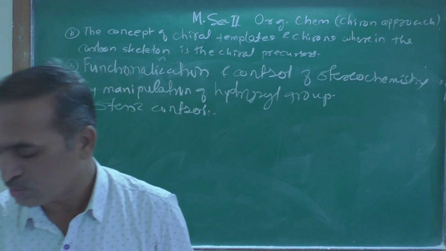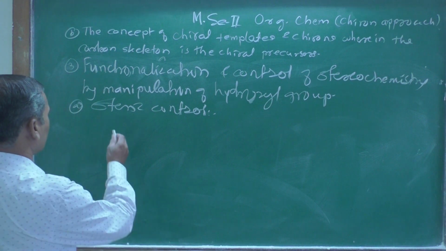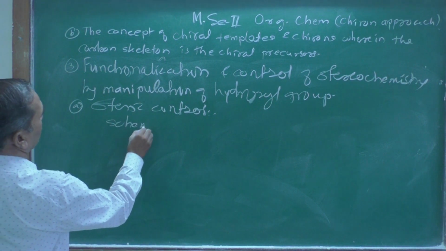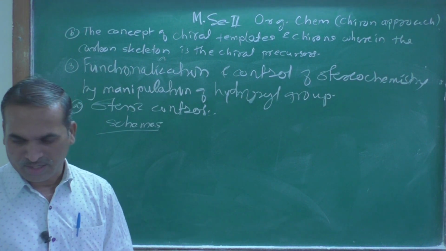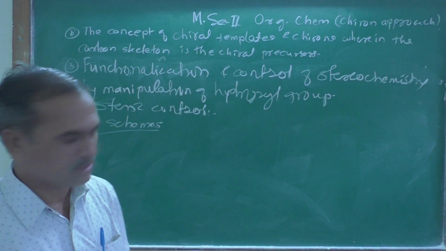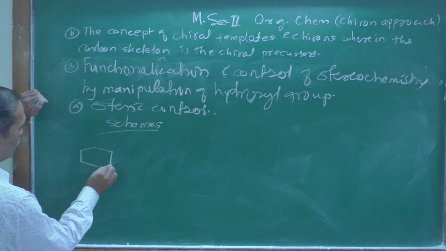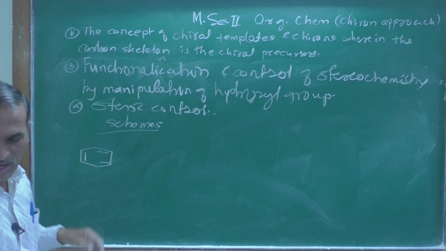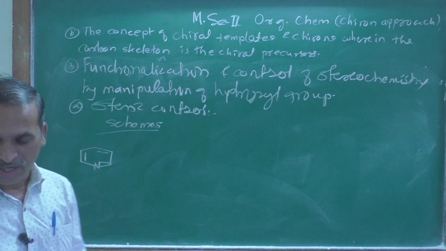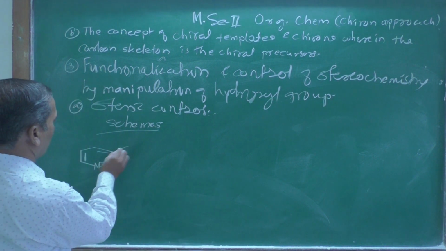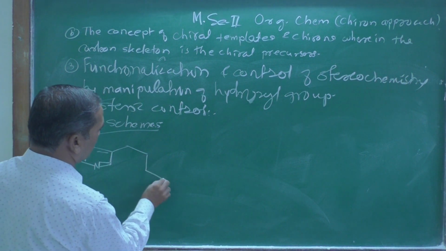And now let us look at how it is applicable. Scheme number 5 is shown over here. Scheme number 5 means, in a natural product, this is a target molecule. Let us look at what type of structure it has. Here is a nitrogen atom, a pyridine moiety is present over there, and then this is a structure which I am writing over here.